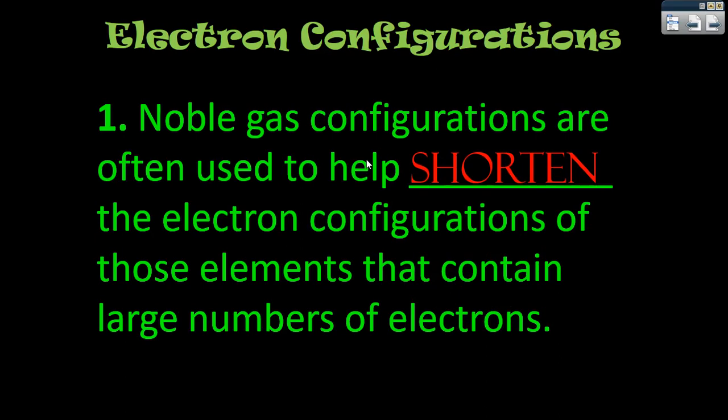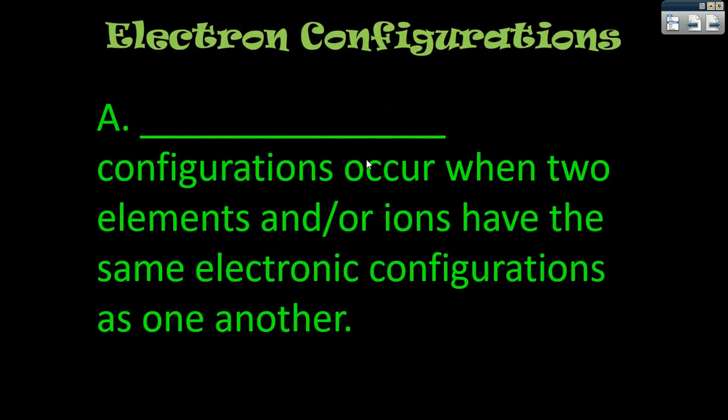Now, we're going to go over some examples in just a moment, but first, some last important information and vocabulary about electron configurations. First, note that as we work with and dive more into the idea of electrons, we'll learn that there are some atoms that gain or lose electrons.